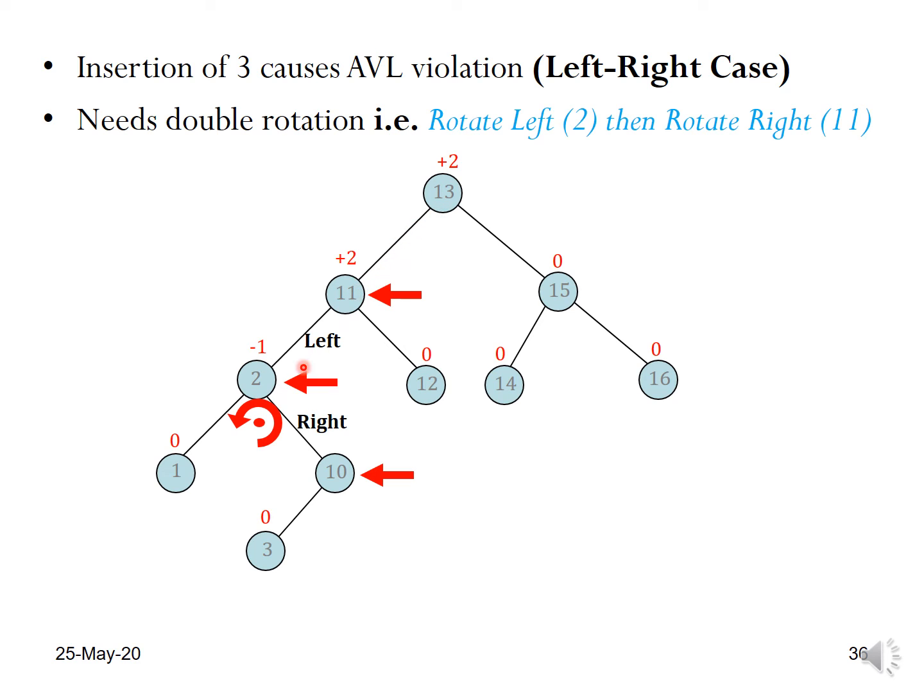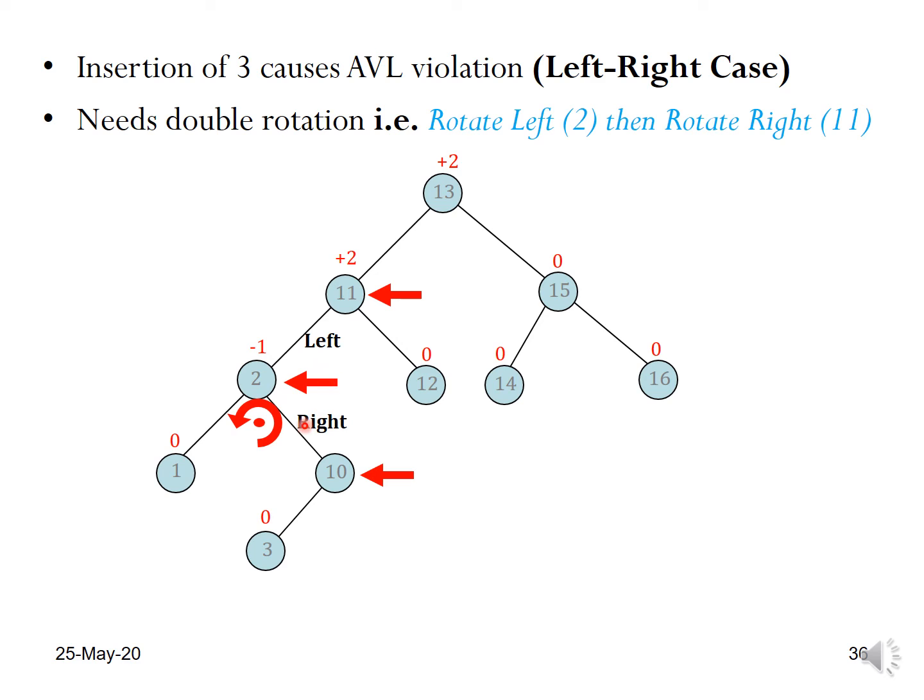So this is the left left right and then left case, but we will consider only those nodes which have a balance factor above 1. So this is plus 2, we will consider this. So we will focus on only these three nodes, 10, 2 and 11.